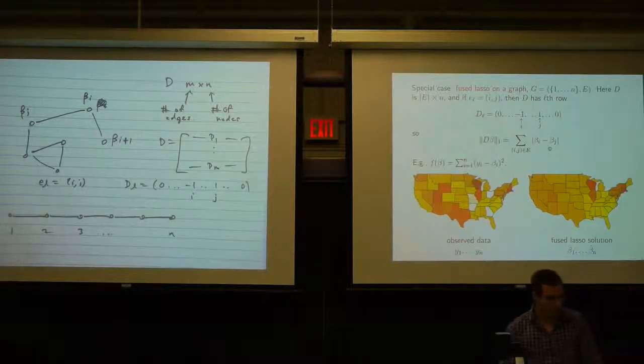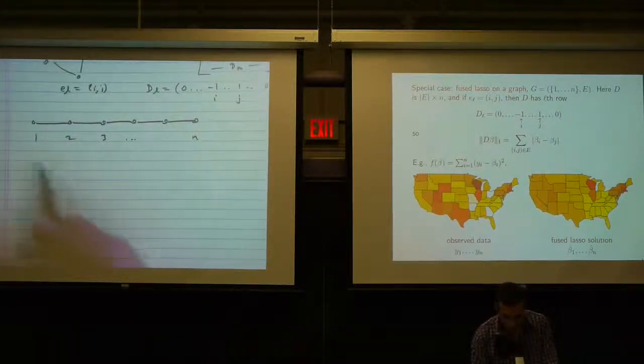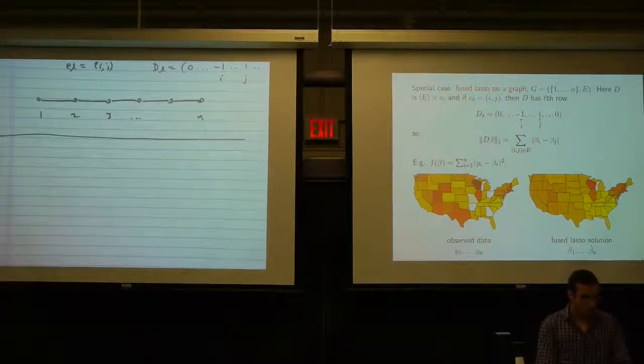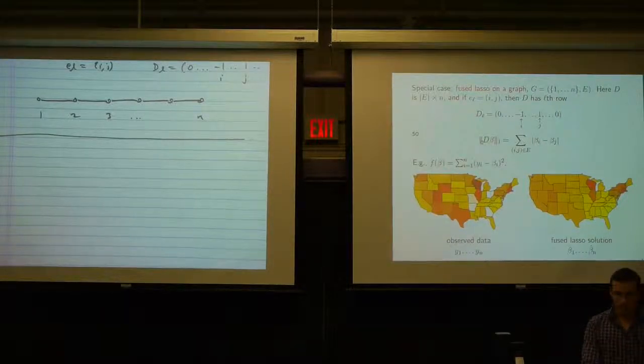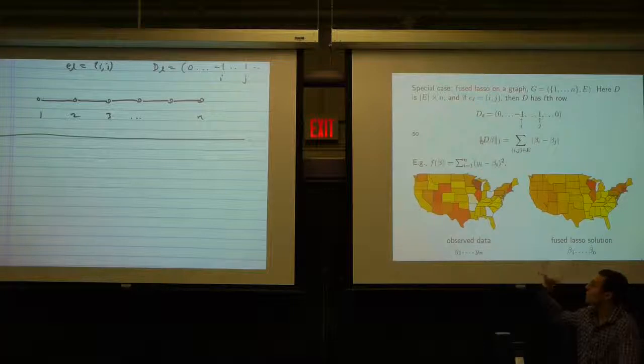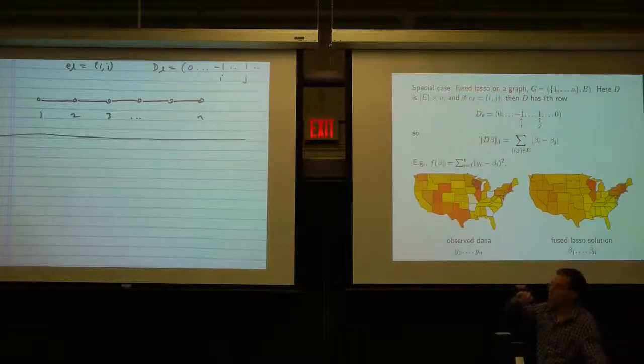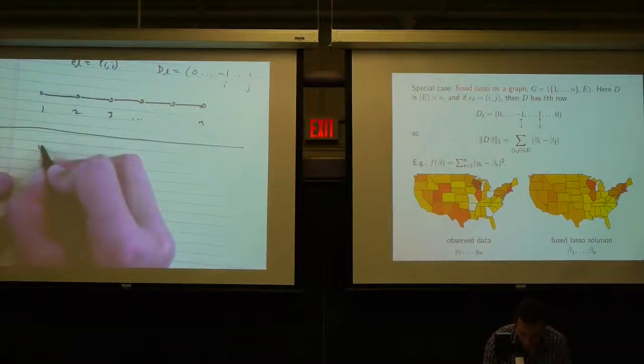Okay, so let's look at a very specific example, because you may ask, when would I ever have a graph structure that I can deal with? So here's an example: these are the states in the US. What I did was take the observed number of H1N1 flu cases in the summer of 2009, as a proportion of the total population in the state. So for every state I observe some value, let's call it yi.